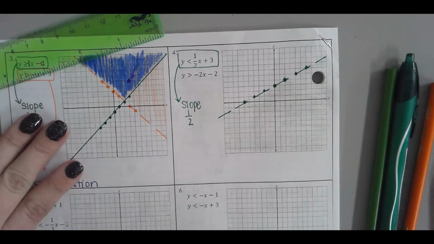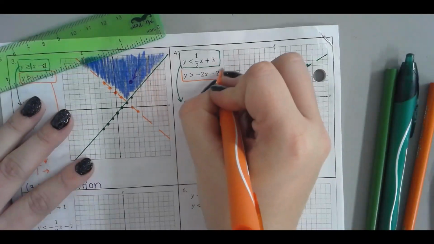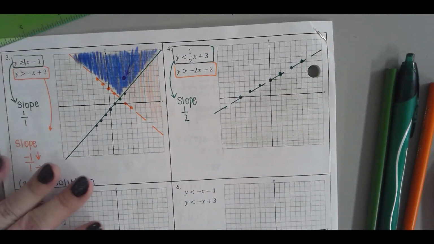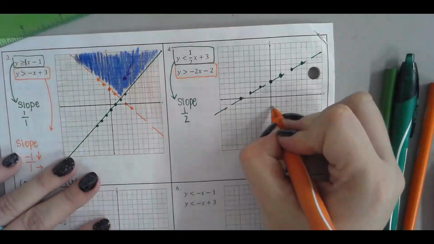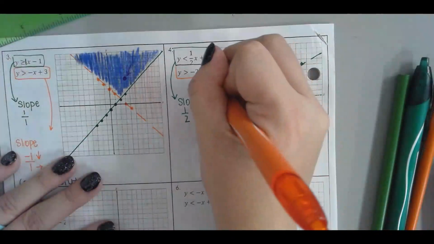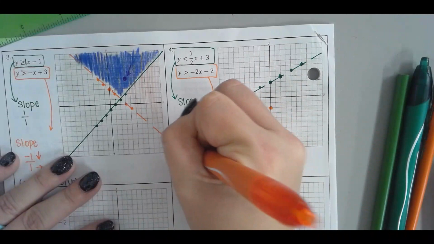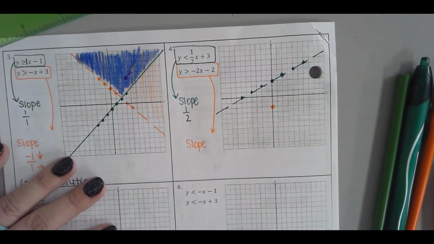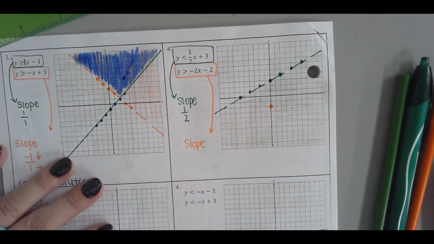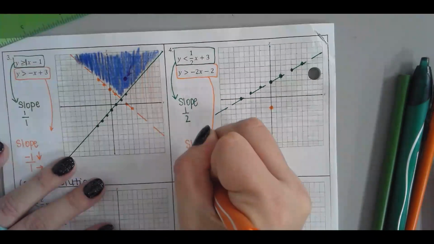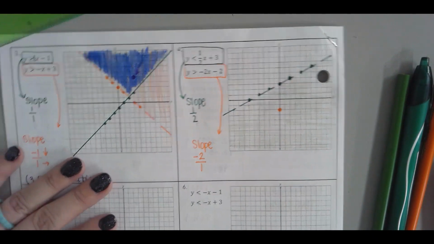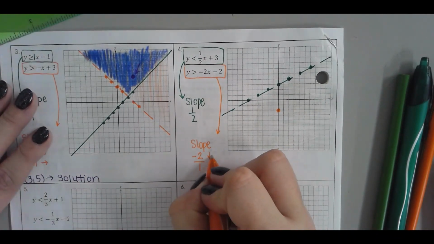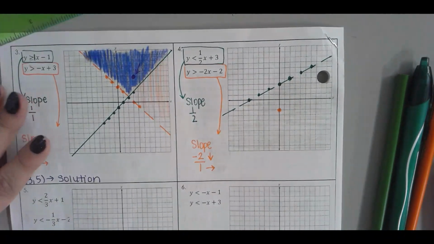The second line. What is my y-intercept? -2. What is my slope? -2/1. Good. So that tells me I'm going to count down 2, right 1.